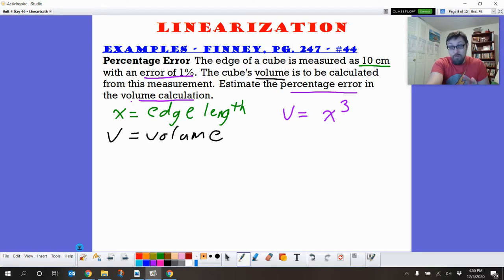That x value could be off by a particular amount. It could be off by 1%, excuse me, not 0.1%. So that is going to be our change in our x. Our x can vary, can move a little bit by 1%.